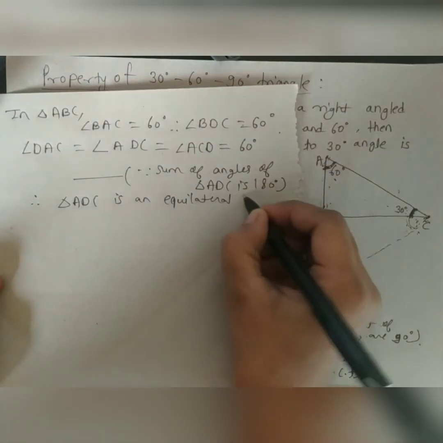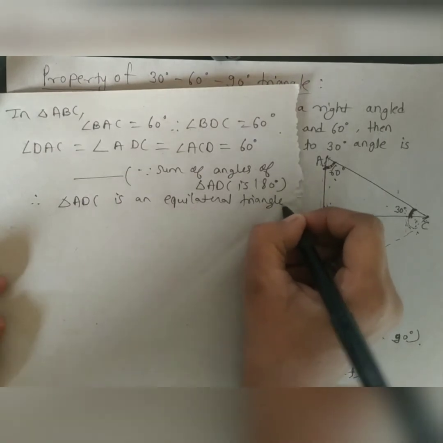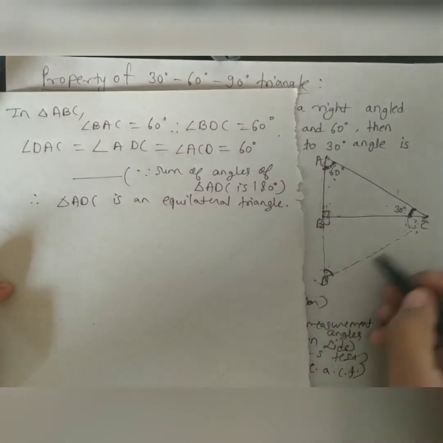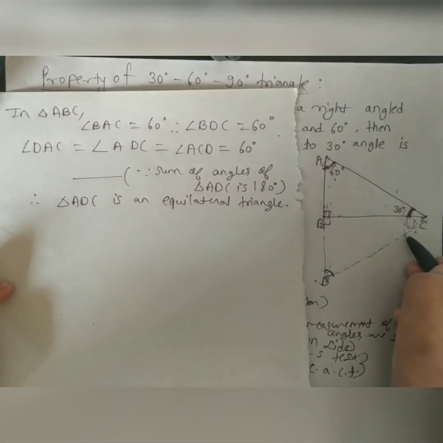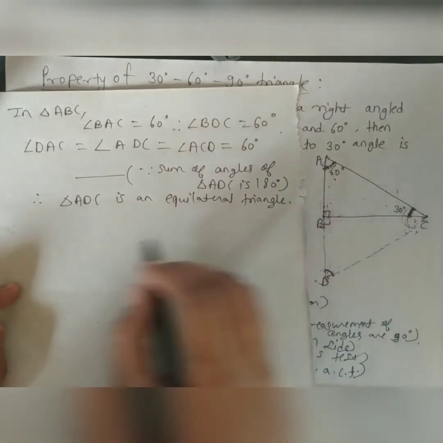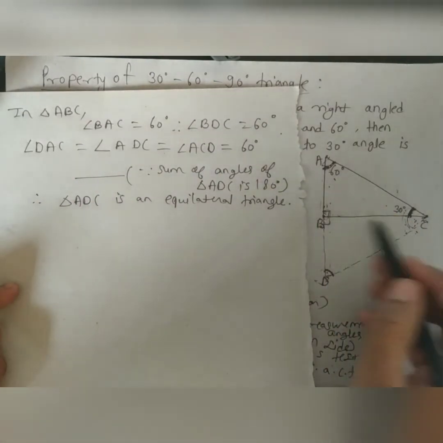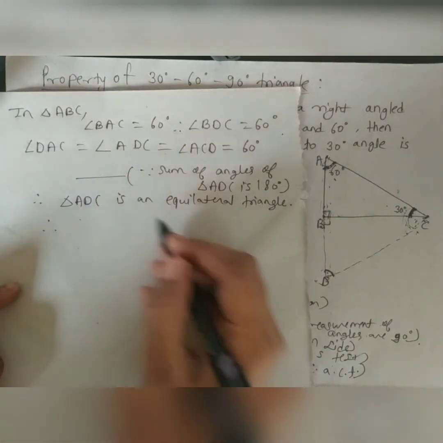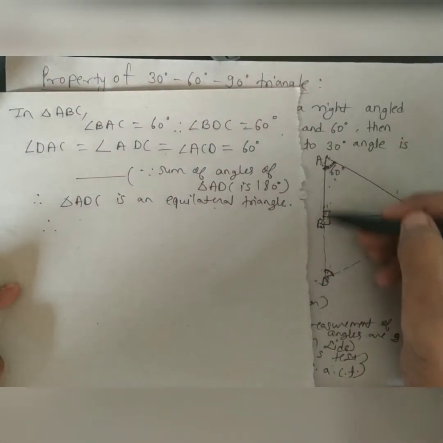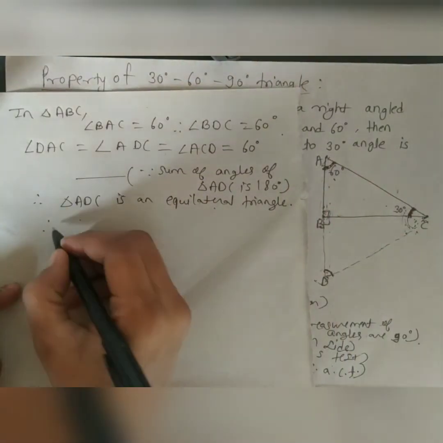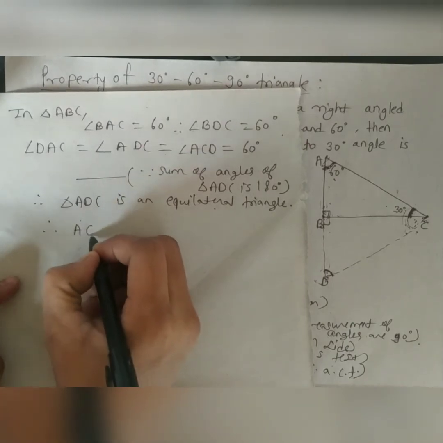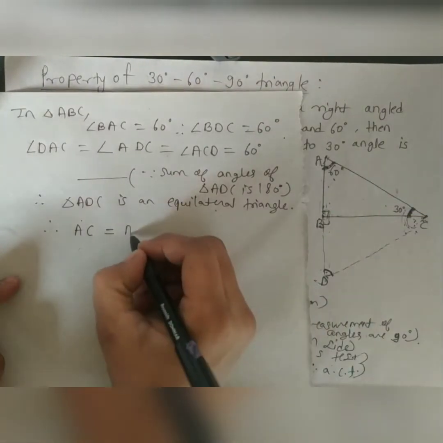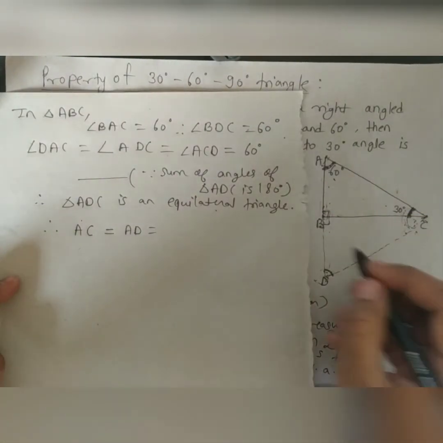Equilateral triangle means all sides are equal, and the measurement of this angle is 60 degrees, of this angle is 60 degrees, and of this whole angle is 60 degrees. All angles are equal in an equilateral triangle. Therefore, this is an equilateral triangle. It means all sides are equal. Now we write, therefore side AC is the same as side AD, which is the same as side DC.